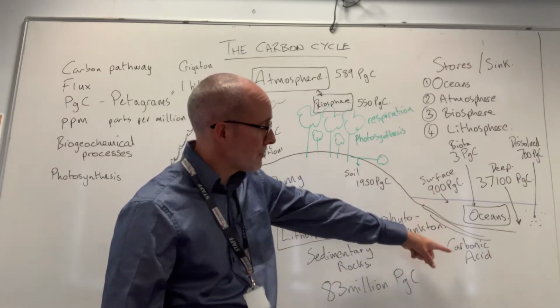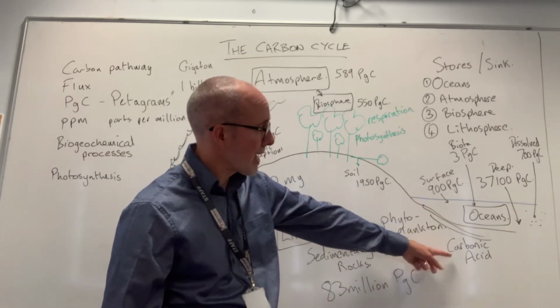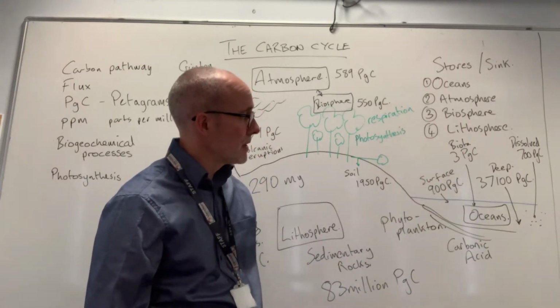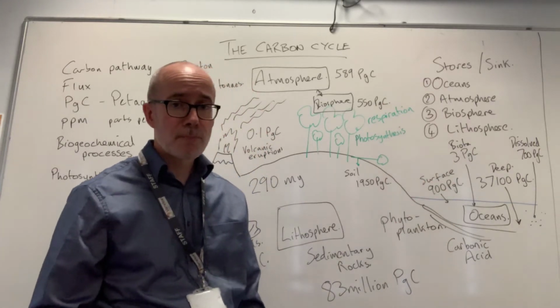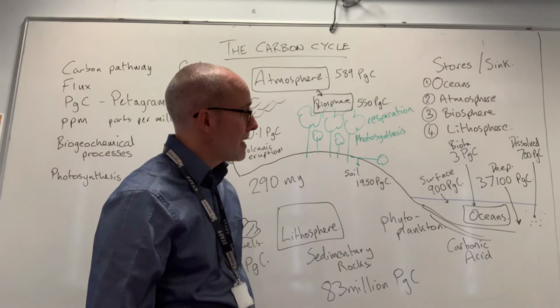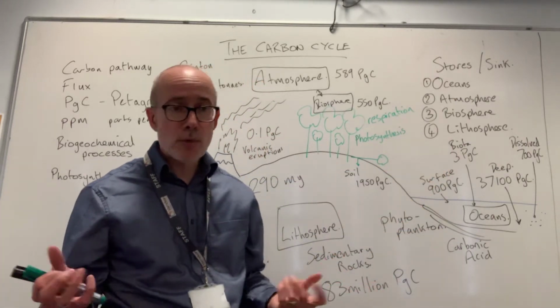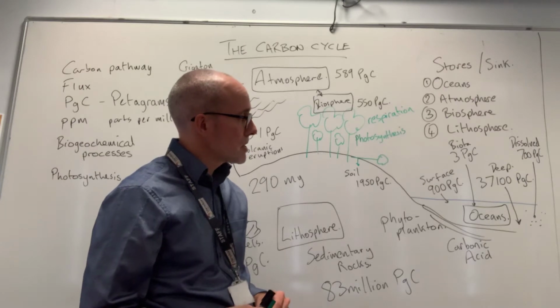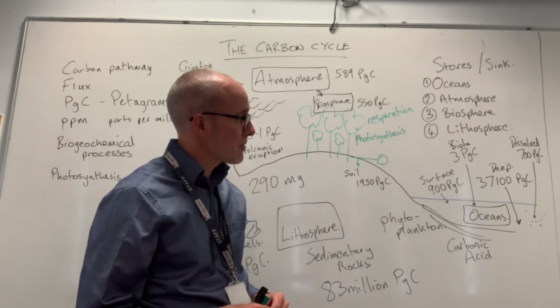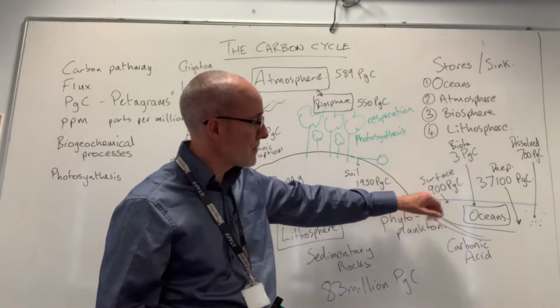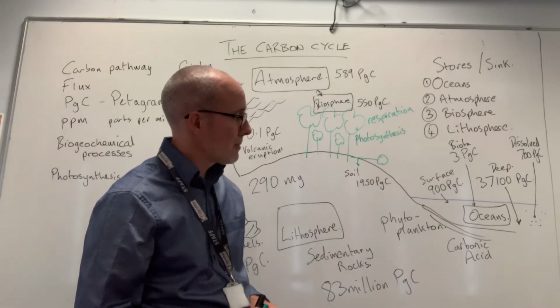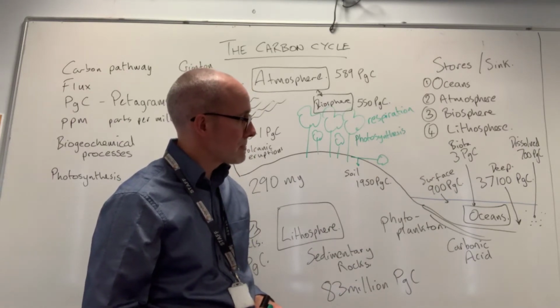Some of it is dissolved, and that's going back to that idea of carbonic acid, how CO2 can dissolve in seawater, so around 700 petagrams there. We've got the biota, which is the marine organisms, which consist of about 3 petagrams of carbon, and then the surface layers of the oceans, we've got about 900 petagrams.